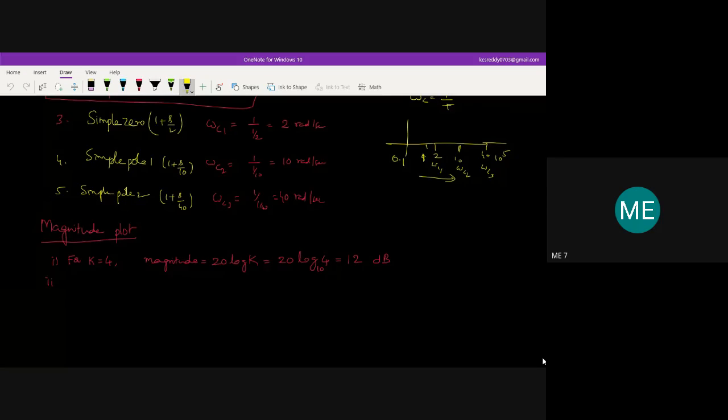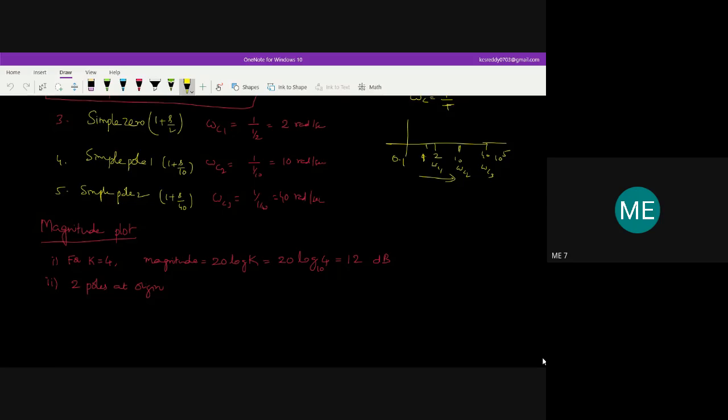Then the second one is 2 poles at origin. We know the slope contribution, because it forms a line. For 1 pole at origin the slope is minus 20 dB, and for 2 poles at origin it will be minus 40 dB.